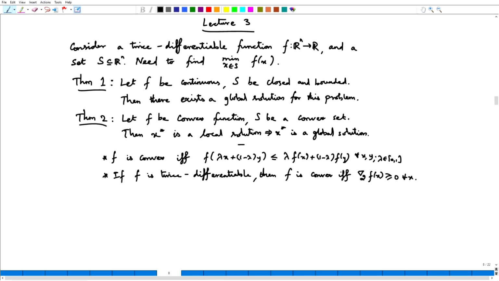So, again to recall, a convex set: S is a convex set if and only if x, y in S implies lambda x plus 1 minus lambda into y also belongs to S for all lambda in 0 1.